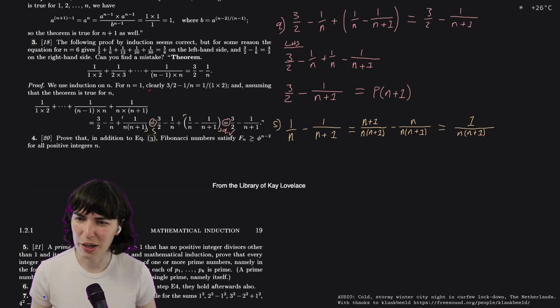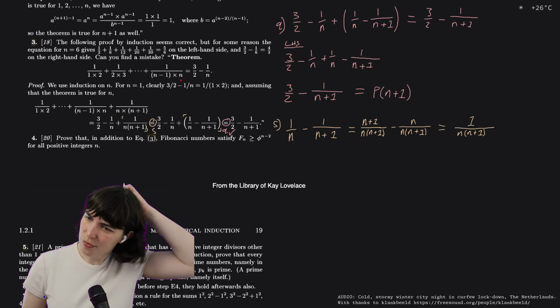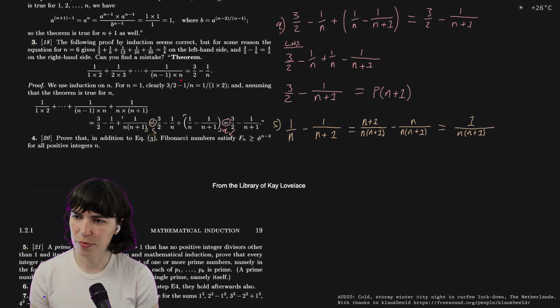So I don't know if we care about that. We know n is going to be 1 or more. Yeah, so I don't think it's that. Well, let's try plugging in 6 and see what we get.